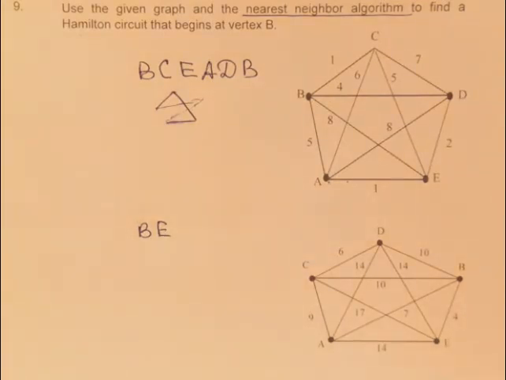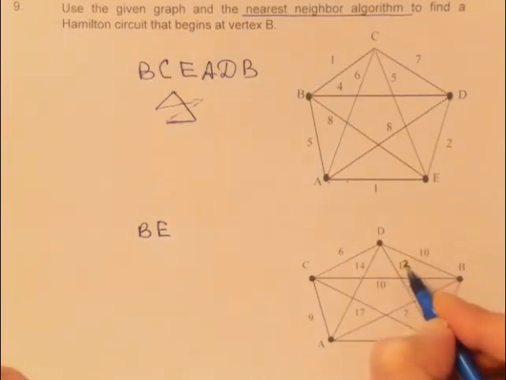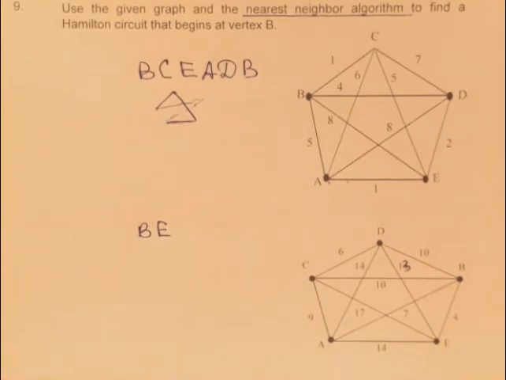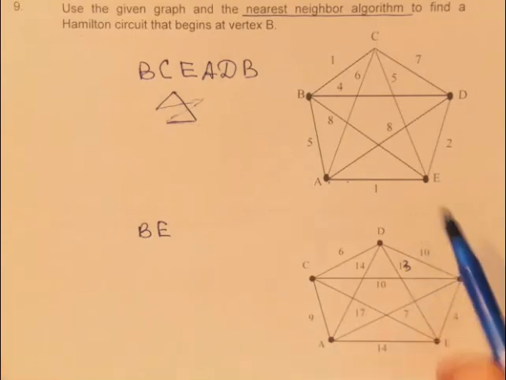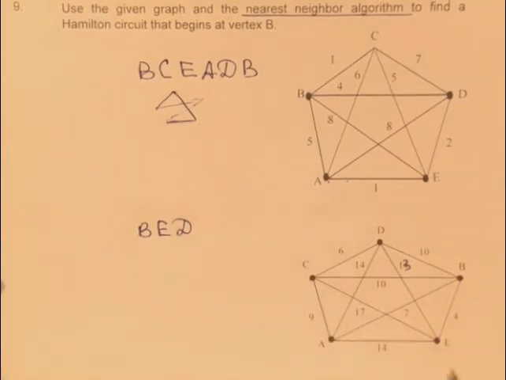So not a very good example. Let us change this one to 13. Maybe it was an example for the best edge algorithm. Okay, so 13, 17, 13, we go to D.